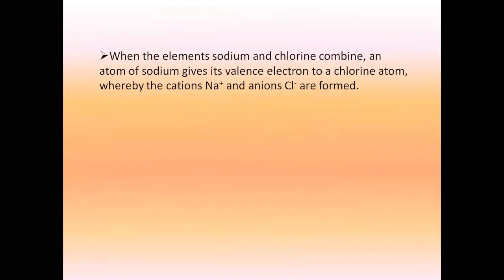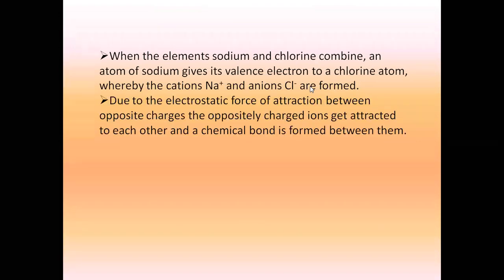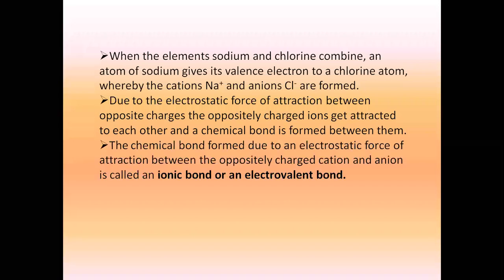So when the elements sodium and chlorine combine, an atom of sodium gives its valence electron to the chlorine atom, whereby the cation Na plus and anion Cl minus are formed. And due to the electrostatic force of attraction between them, oppositely charged ions get attracted to each other and a chemical bond is formed between them.